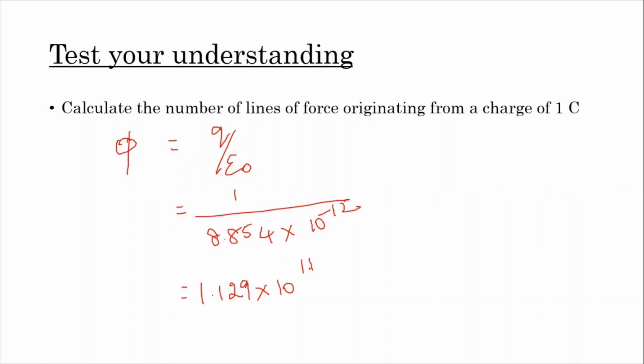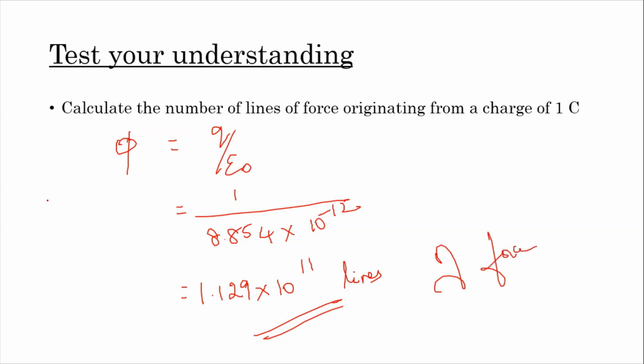So this is the number of lines of force that is originating from a charge of 1 coulomb.